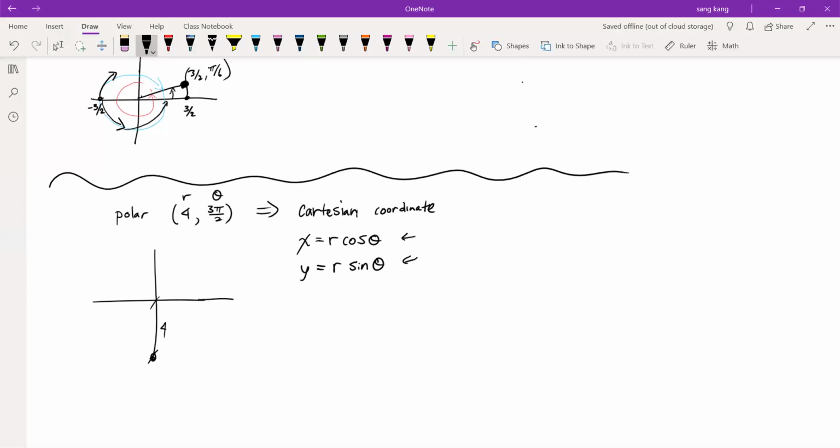So x would be equal to 4 times cosine of 3 pi over 2, and y would be 4 sine of 3 pi over 2. And of course, this would be 0, and this should be negative 4, right? And it makes sense if we look at this as x and y. This point is just (0, negative 4), right? So it works out.